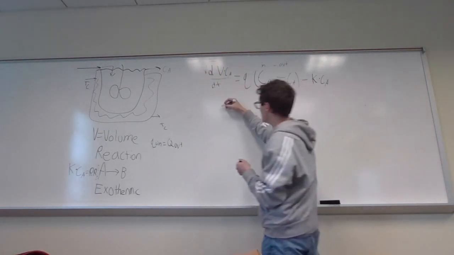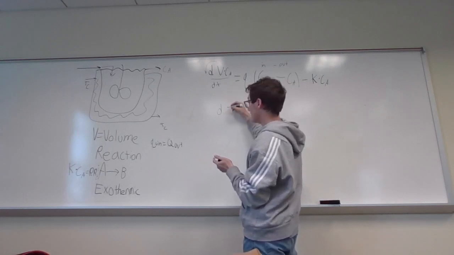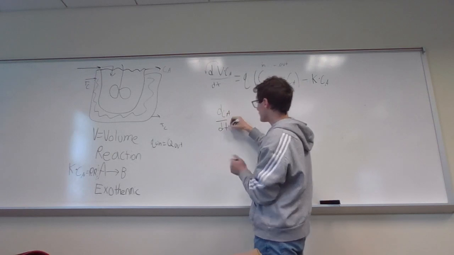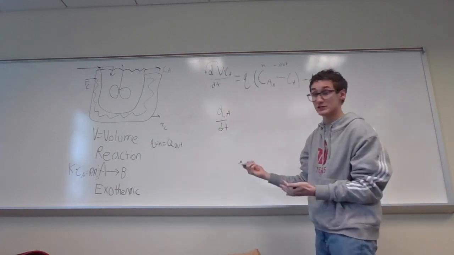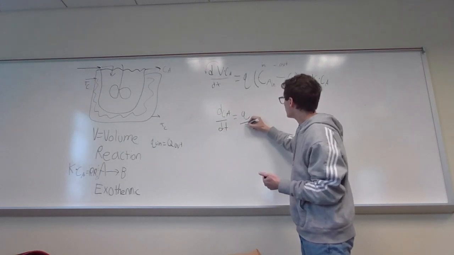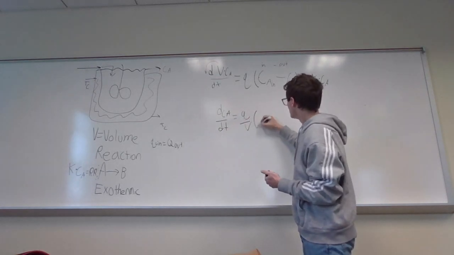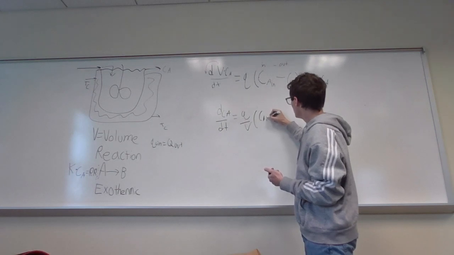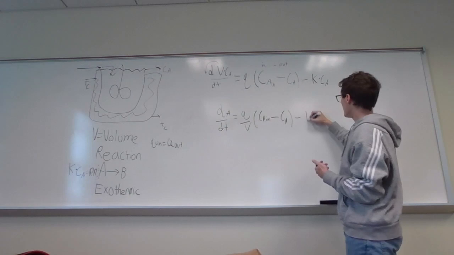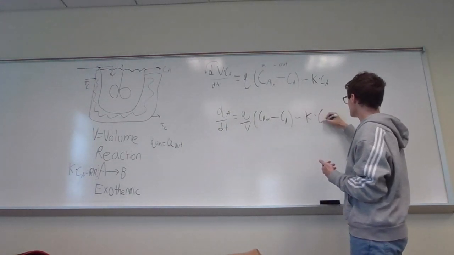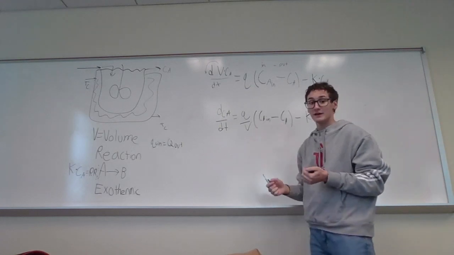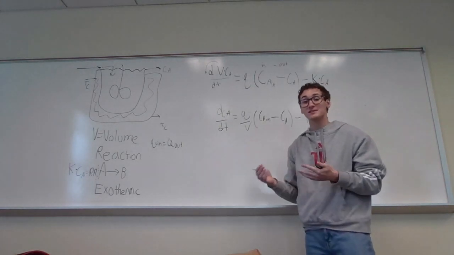So we end up getting our material balance: dCa/dt, the change in concentration of the tank over time, equals Q over V times (Ca in minus Ca), minus K times Ca. And Q over V is also known by another name, residence time.